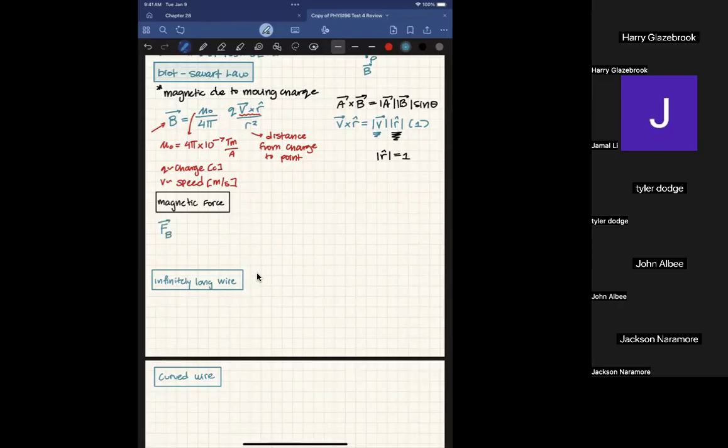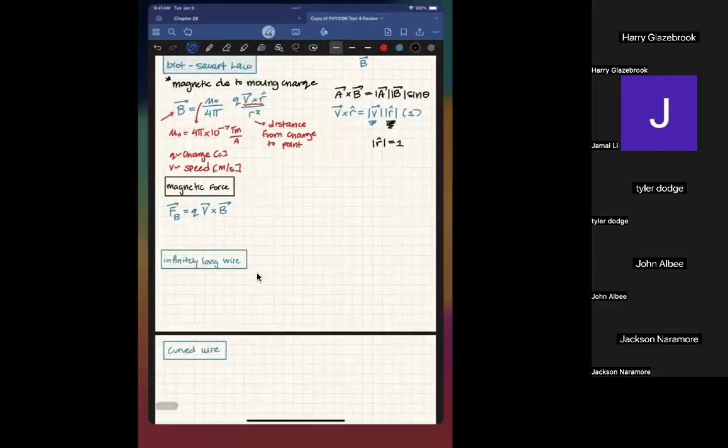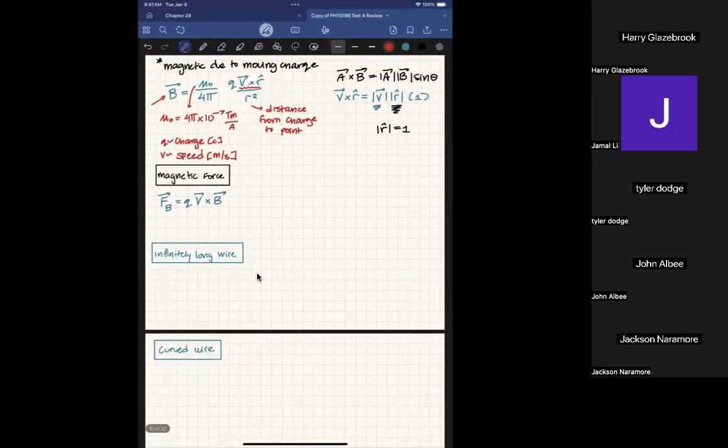It's F sub B equals Q V cross B. Again, this is going to be for moving charged particles. This is the charge of your particle. This is your speed. And this is your magnetic field.